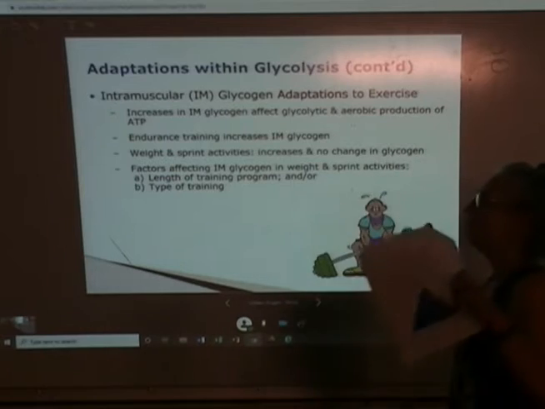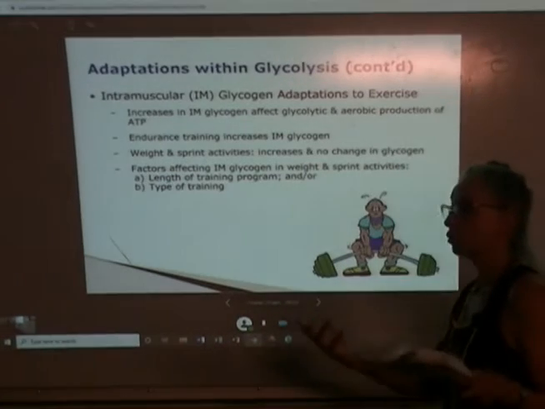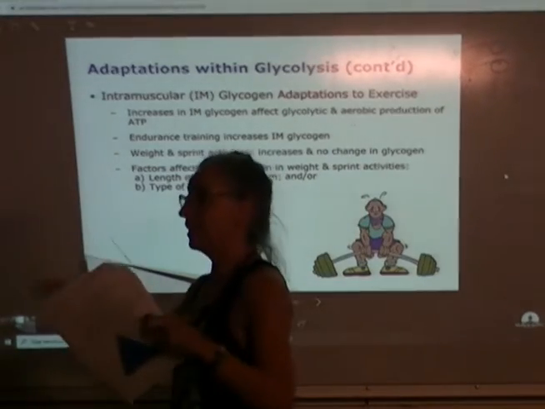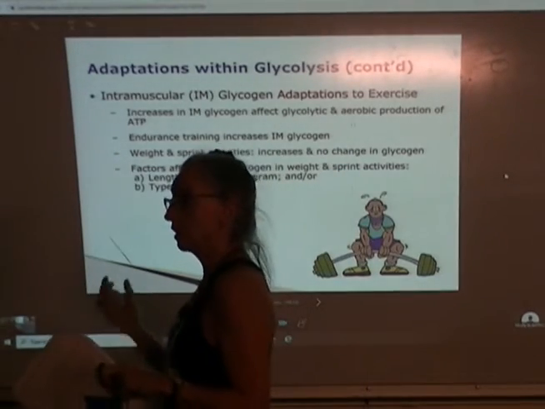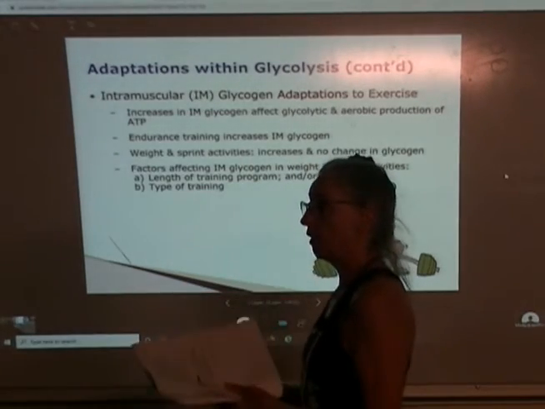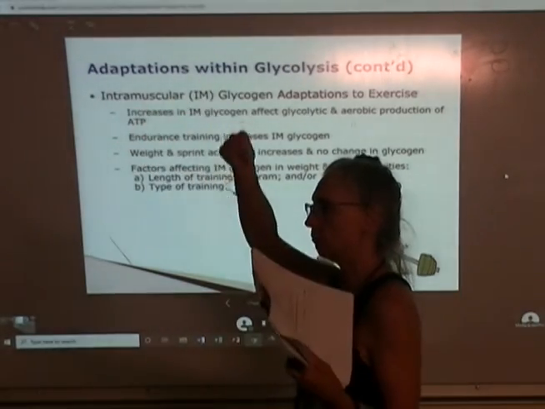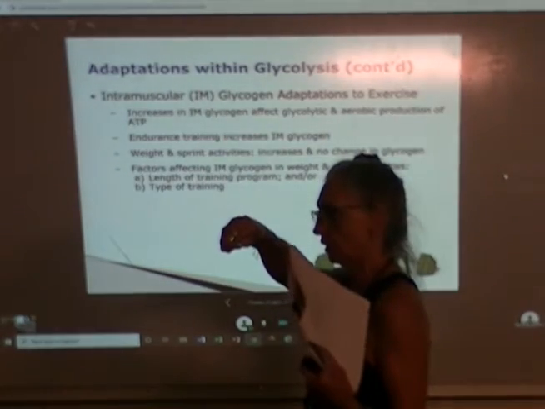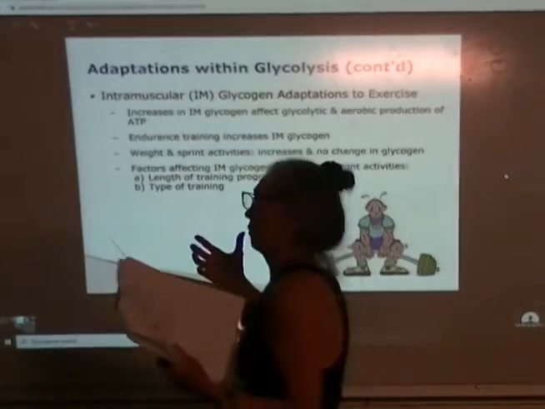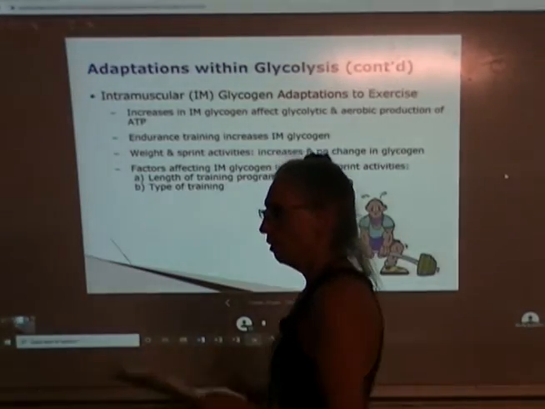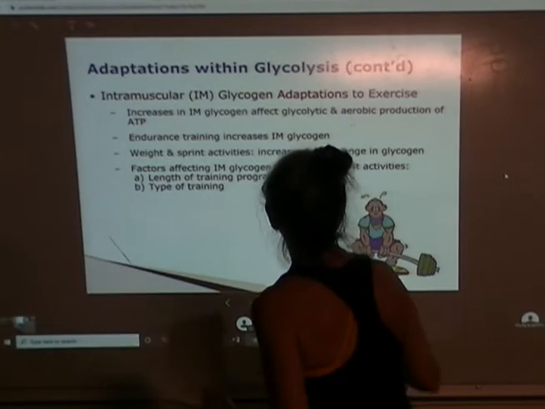So having more available glycogen within the muscle tissue would make it easier to feed glycolysis and produce ATP, right? Remember that if I have to feed in blood glucose, it uses ATP to move that glucose into the system. So having extra glycogen right there in the muscle cell is very beneficial.